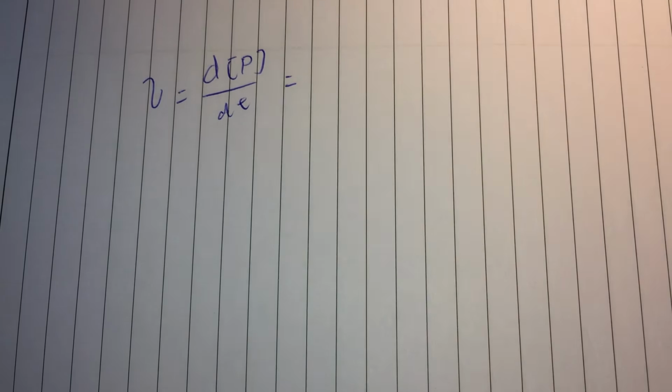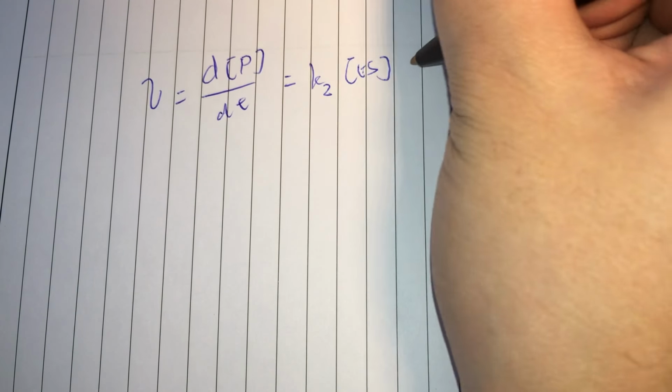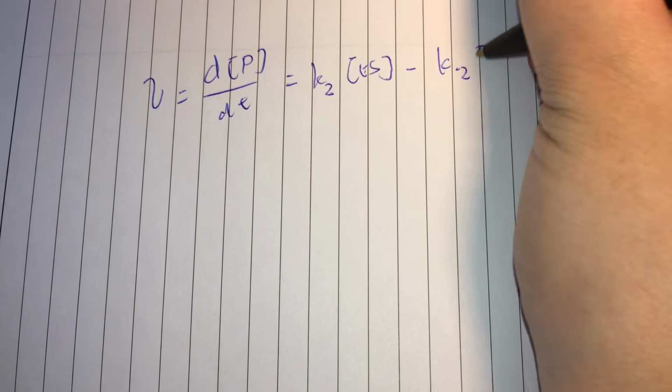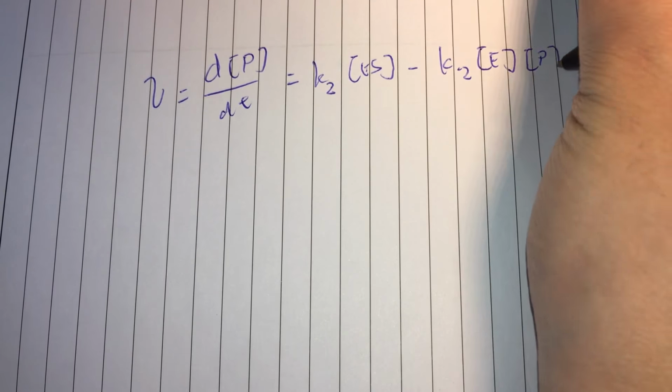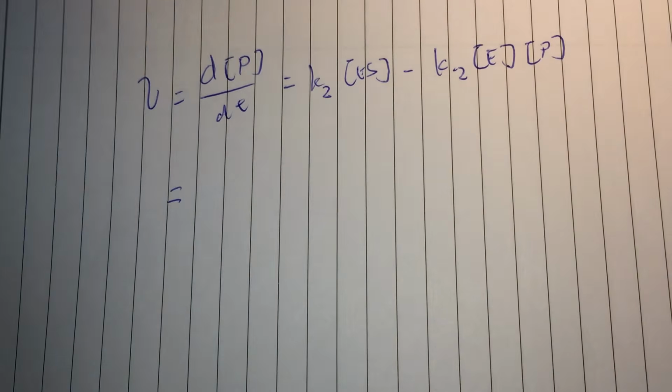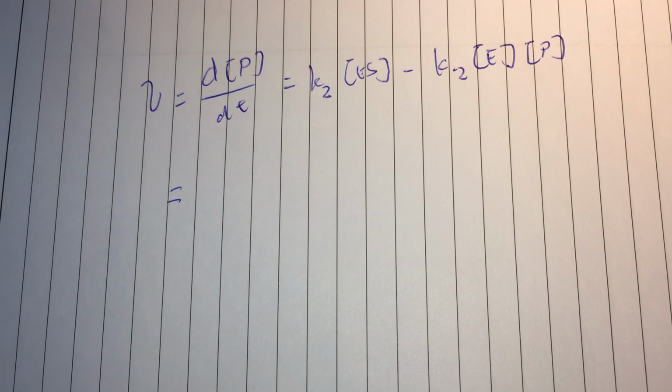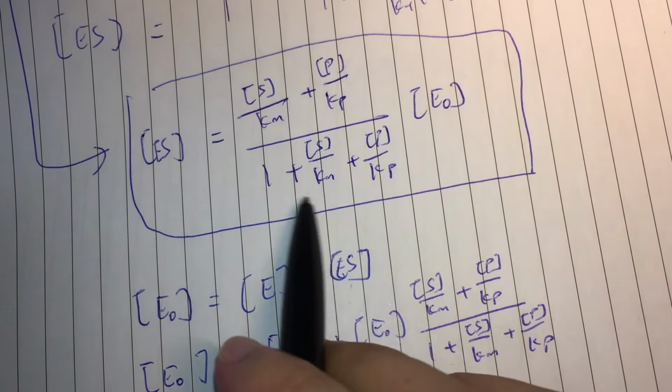I'm going to turn this paper and let's look at our first equation, equation 1, which is V equals dP dt equals k2 into ES minus k minus 2 E into P. Okay, so as written previously, ES will be this box here.